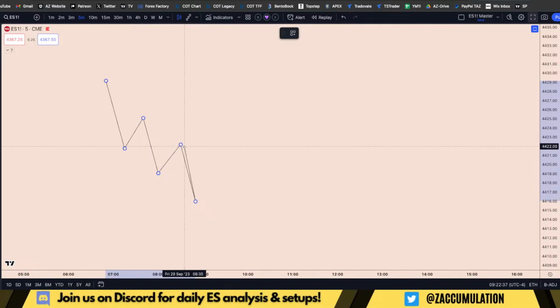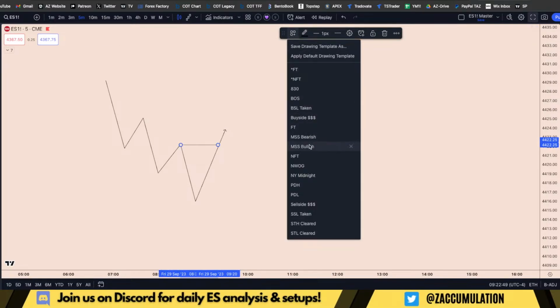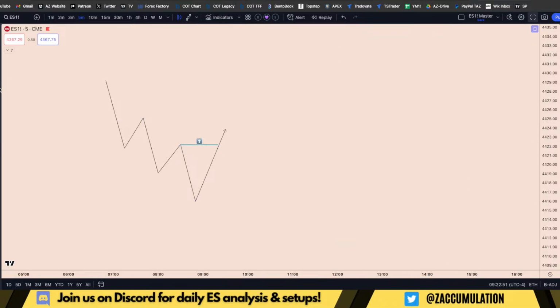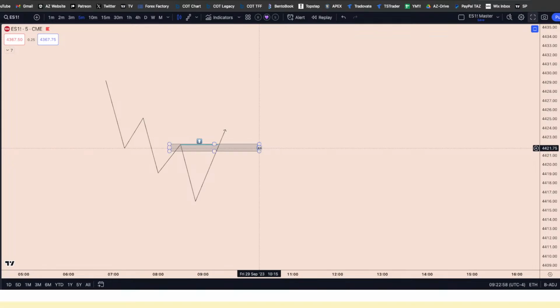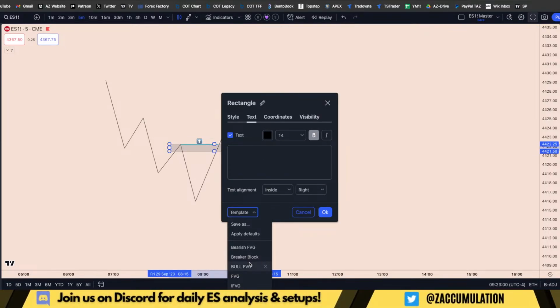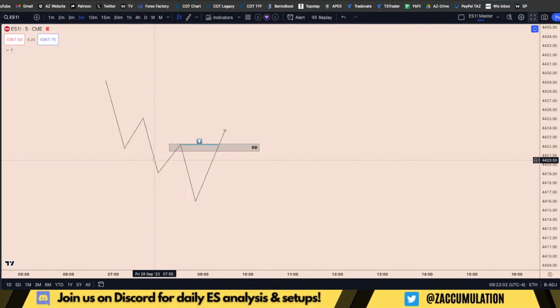So we break our most recent lower high, like this. And then right here we have a confirmed market structure shift. Initially we would have expected resistance here. So our old resistance area is now turned into support, which would equal our breaker block.